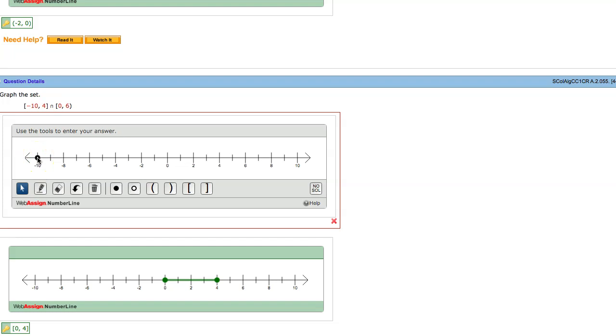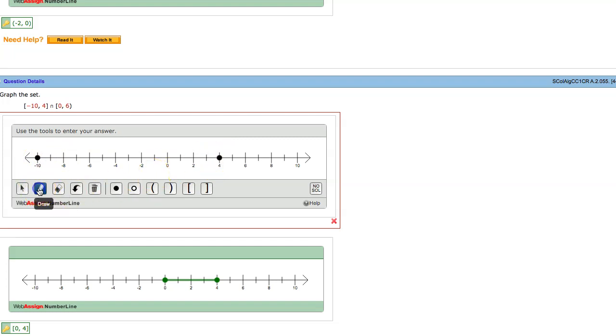So let's do it. -10 to 4. -10 here, and also a black dot at 4. You got to check. Just because we have a bracket at -10 doesn't mean we have a bracket at 4. I got to check each separate end separately. But we get lucky, we do. Sometimes you'll have a black dot here and a white dot here, as you recall.